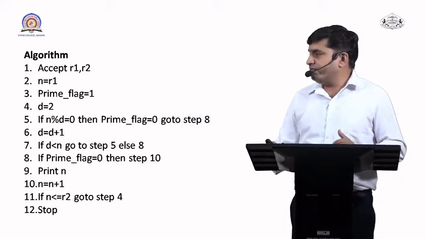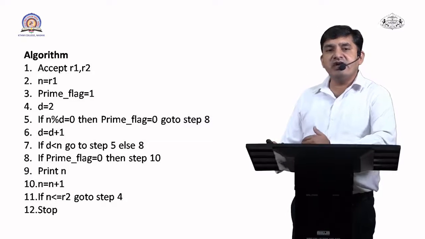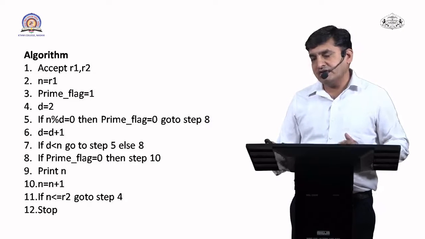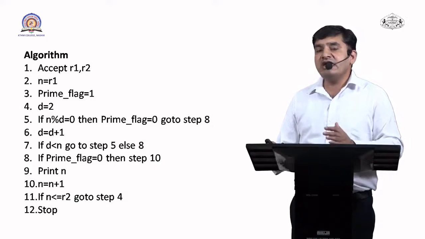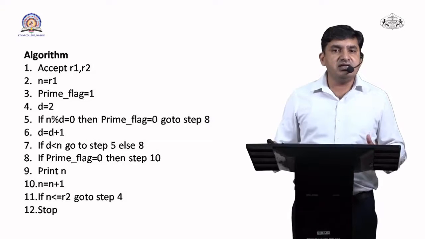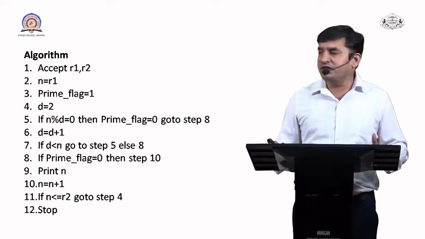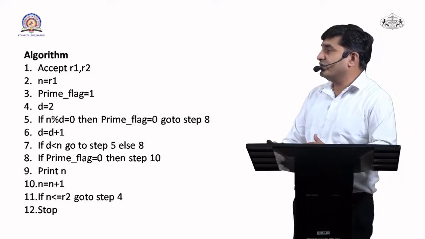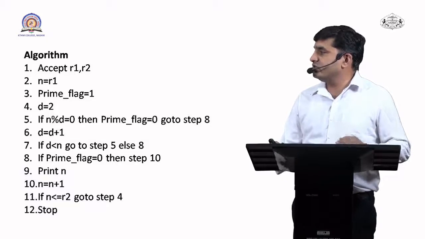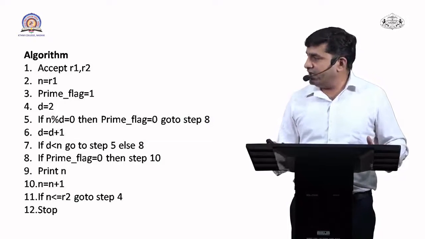Then if n is divided by d and the remainder is 0, this is n modulus d, it indicates that n is divisible by d, then the prime flag is considered as 0 and go to step number 8.